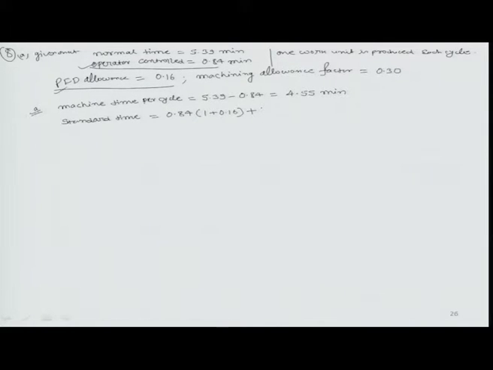The machine time is 4.55 minutes, and the machining allowance factor is 0.30, so 1 plus 0.30. That will be equal to 6.889 minutes, that is the standard time. Now, we will come to part B.